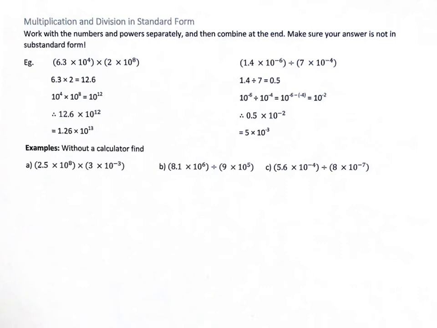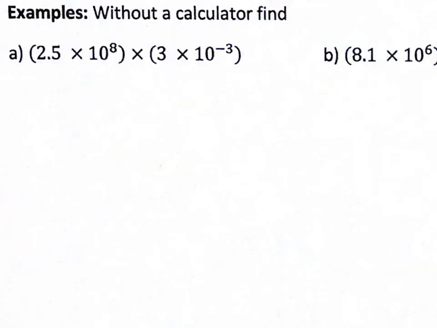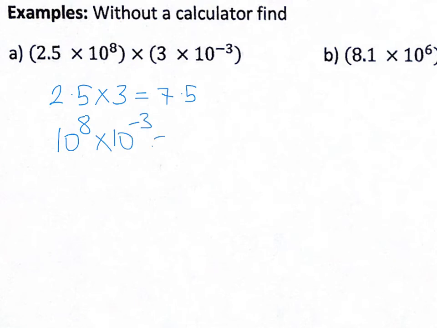So in our examples then, in A, if we do 2.5 multiplied by 3, we get 7.5. If we do the powers next, we have 10 to the 8 multiplied by 10 to the minus 3. We add the two powers, so we'll add 8 and minus 3.